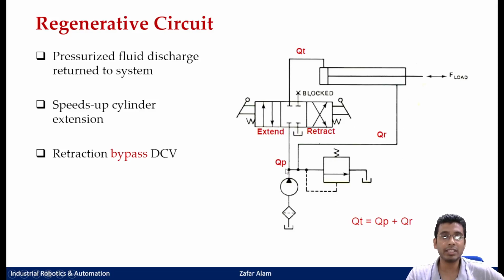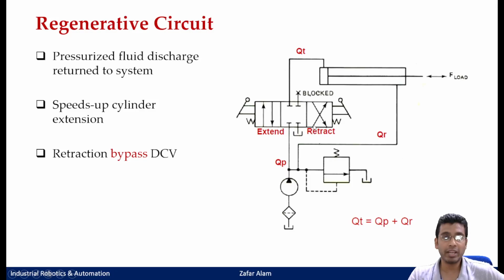So if the flow rate increases, since the area of the piston is constant, that means your velocity would increase. Now imagine what would happen to my retraction motion. For retraction, if you see, this is my retraction valve.